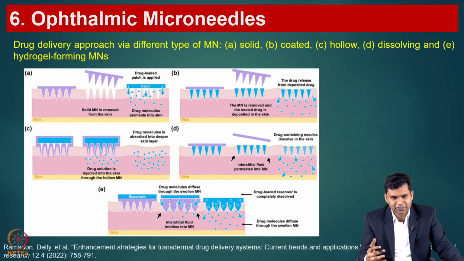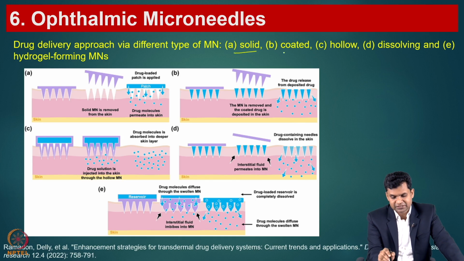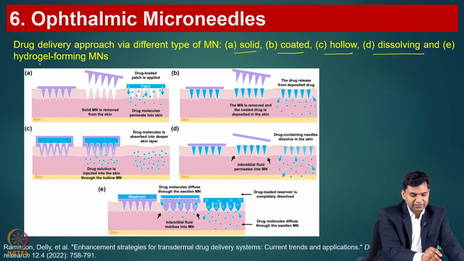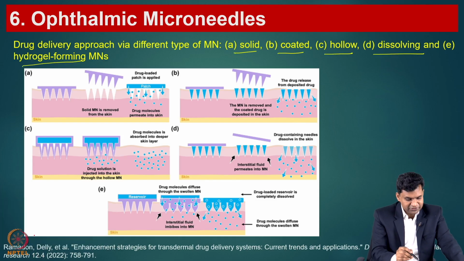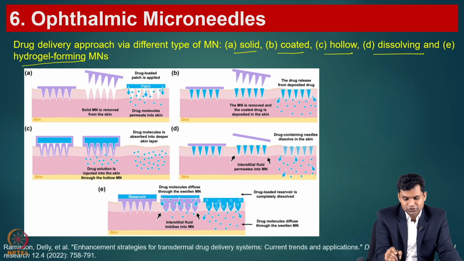Here the picture represents solid, coated, hollow, dissolving and hydrogel microneedles. By seeing the mechanism you will understand after administration. These are the solid ones. Here we use a solid needle, press it on the skin and then put the patch.